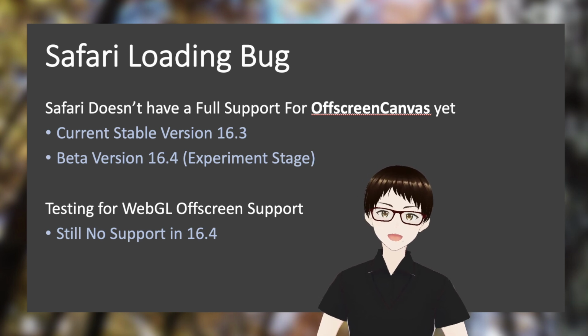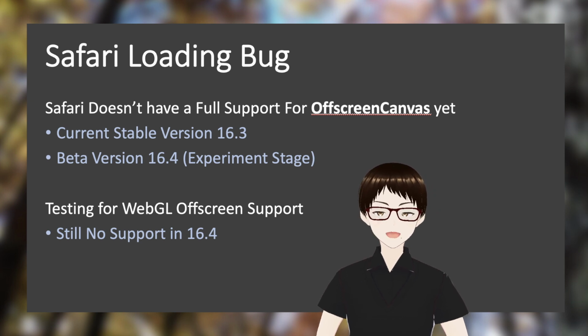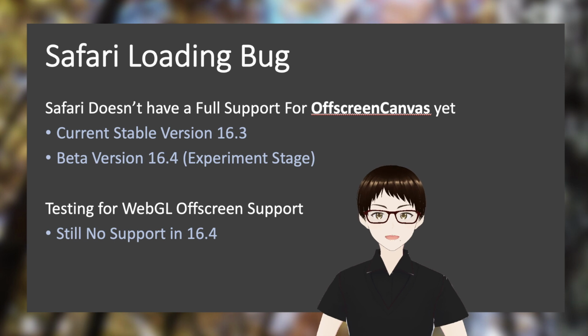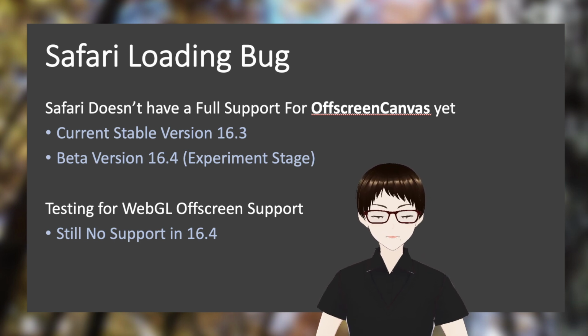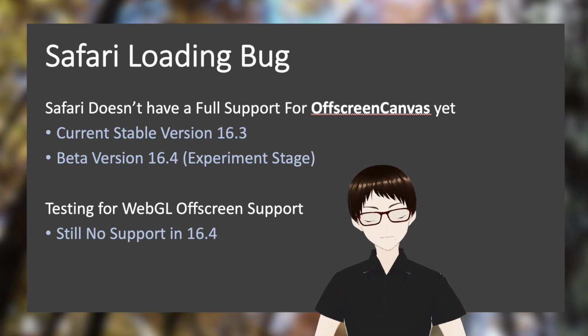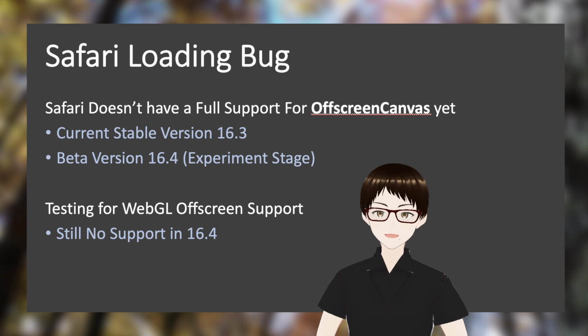And all of our computation is using the GPU, right? So we still need to test it, even if Apple is said to release this beta 16.4 version this year. We still might not be able to support it just yet, but we'll see and we will test it.